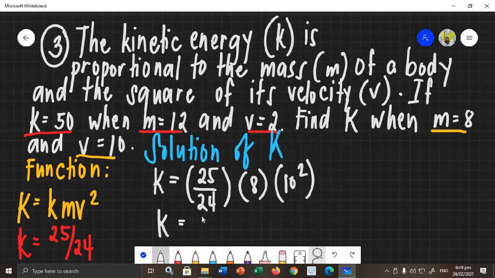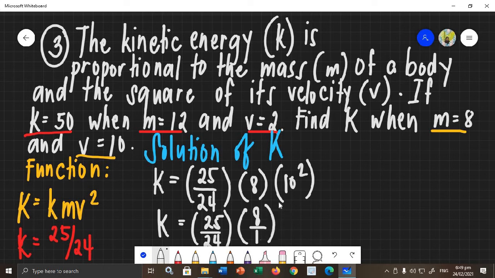So, rewrite natin, we have 25 over 24. And then 8. Simplify natin. Or, if you do not have scientific calculators, pwede nyo silang gawing fraction.